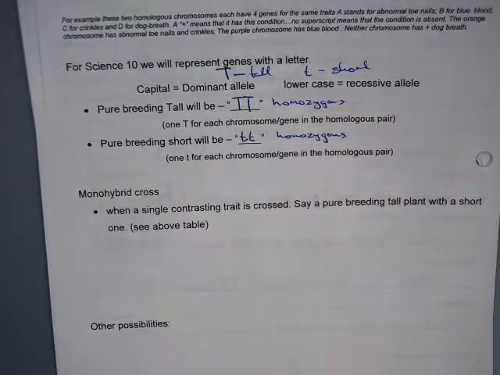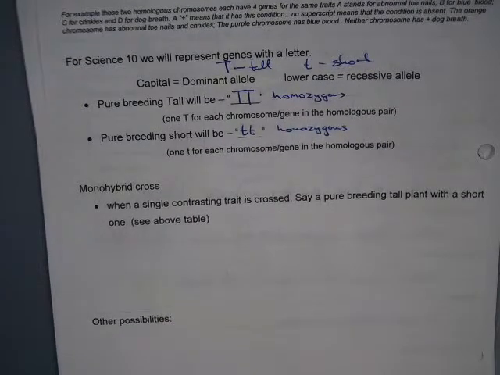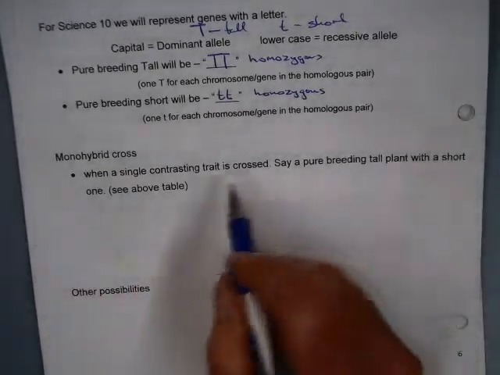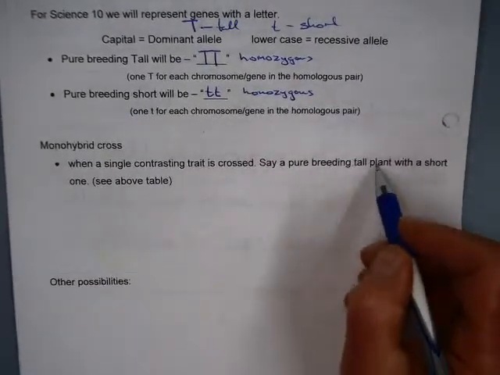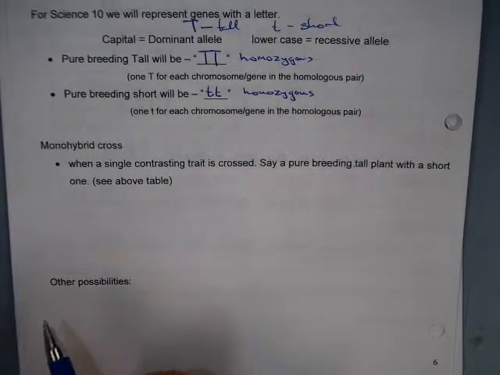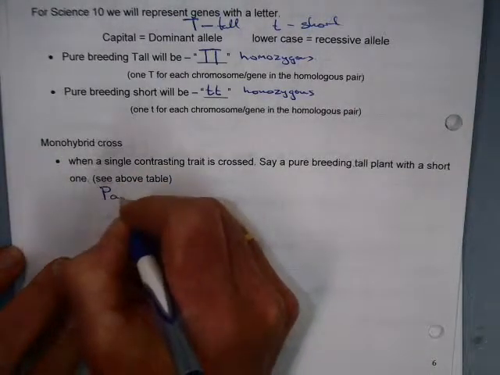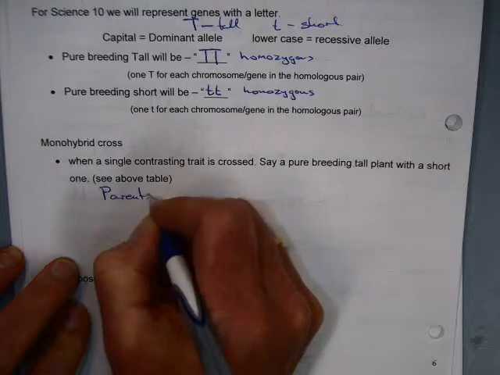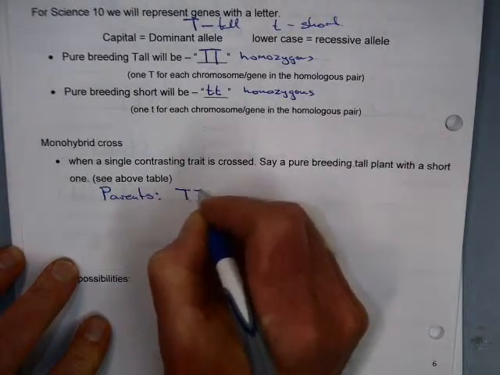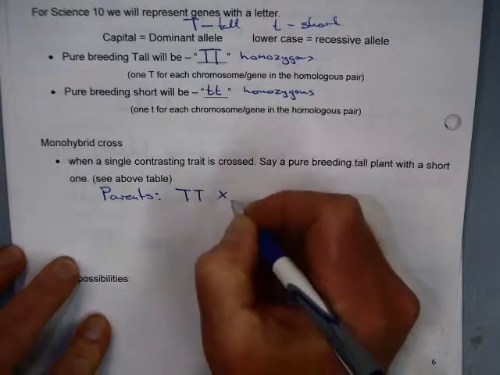Okay, now this is where the rubber starts meeting the road. Let's say a pure breeding tall plant is crossed with a short plant. What does that mean? That means that the parents are this. Please note how I do this. One parent is going to be pure breeding tall, and the other parent is short.